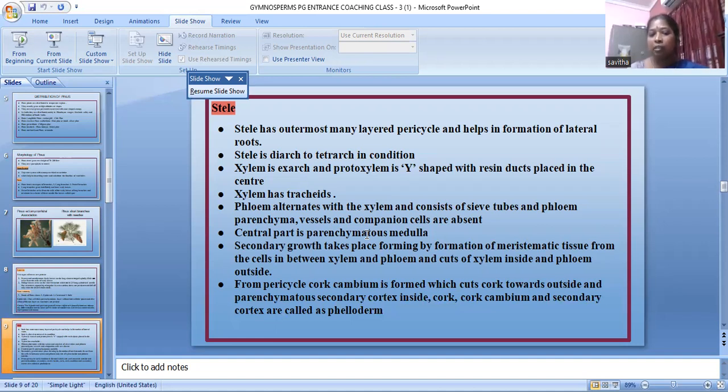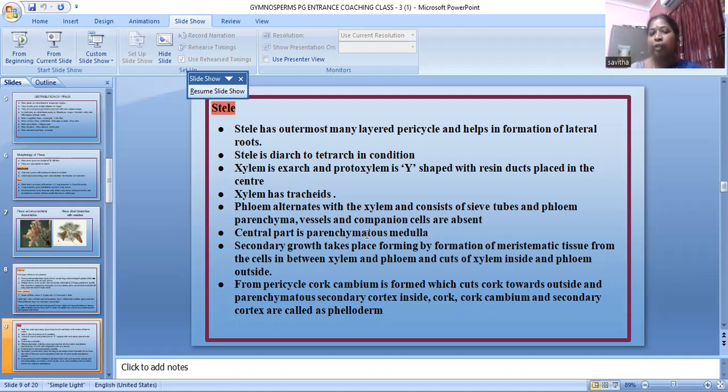In this stele, the vascular bundles are xylem and phloem. Because it is a root, radial vascular bundles are present, which are arranged alternately. Diarch to tetrarch means either 2 xylem bundles or 4 xylem bundles can be seen.